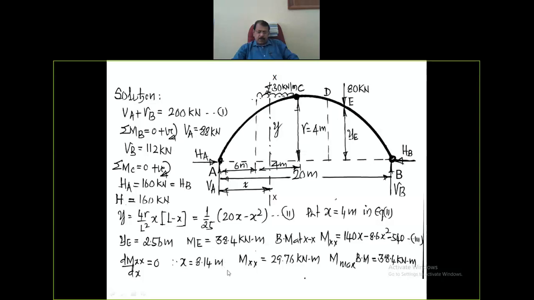Once you have obtained the value of x, substituting it in equation number 3, calculate the magnitude of the bending moment induced at that point, that is MXX is equal to 29.76 kilonewton meter. So if you are comparing the values of bending moment obtained between the portion AC and the portion CB, we come to know that maximum bending moment, MX max, is equal to 38.4 kilonewton meter.